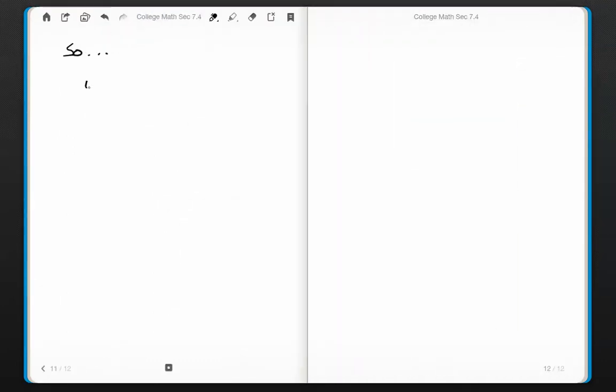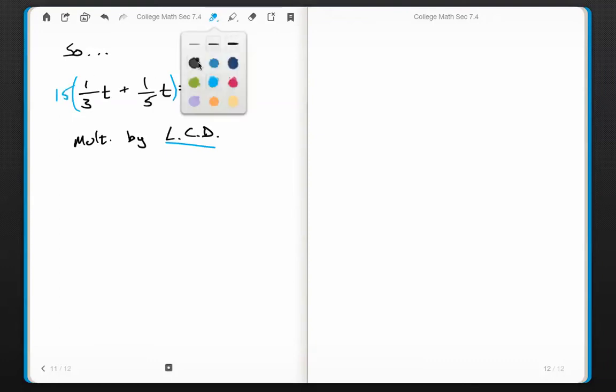So 1/3 t plus 1/5 t equals 1, multiplied by what's the least common denominator? Well, 3 and 5, the number to use to make all these fractions go away is going to be 15. So we do this one more time.